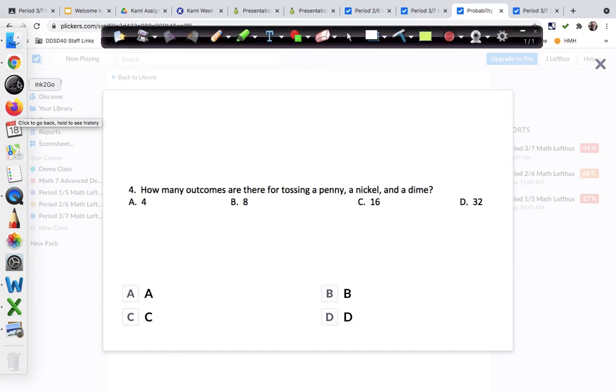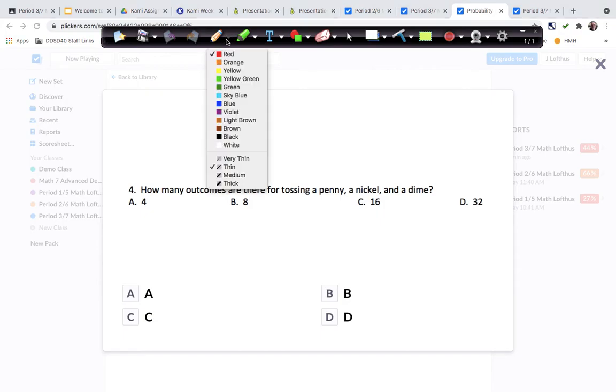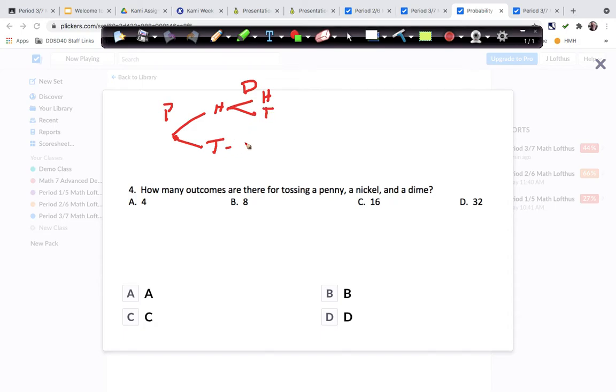It says, how many outcomes are there for tossing a penny, a nickel, and a dime? And I'm going to make a tree diagram, which is what I suggest you do on your corrections. So here's the penny. Penny can be heads or tails. And then here is the nickel and then the dime. The order doesn't really matter here, but I'll go in how it's written.